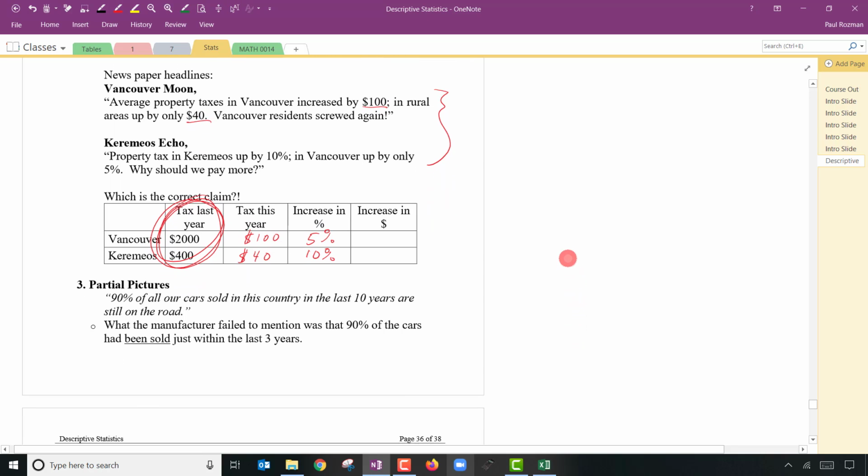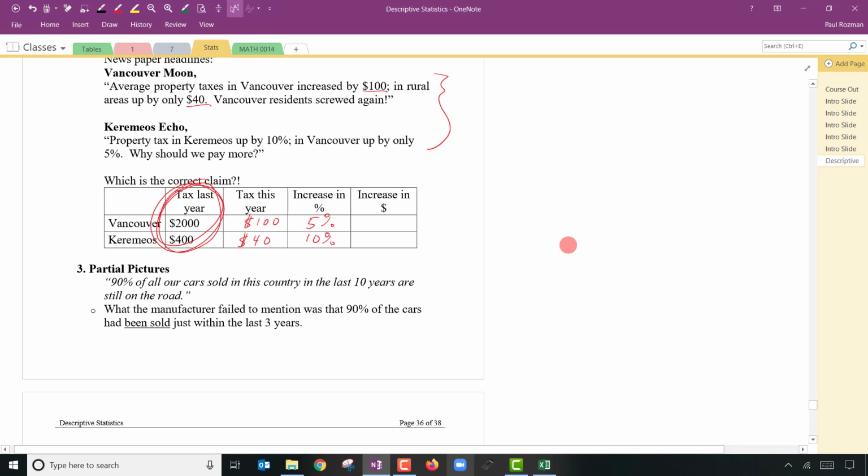Here's one I heard on TV the other day during a football game. There was a commercial: 90% of all cars sold in the country in the last 10 years are still on the road. And they're trying to tell us that that's a sign that their cars have quality. Of course, maybe think of a car company that's newer, somebody like Tesla.